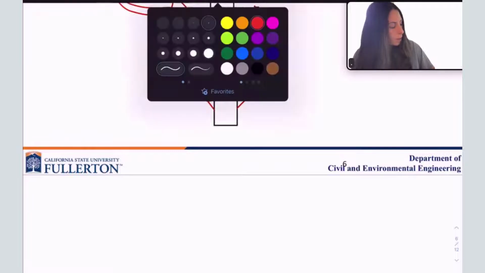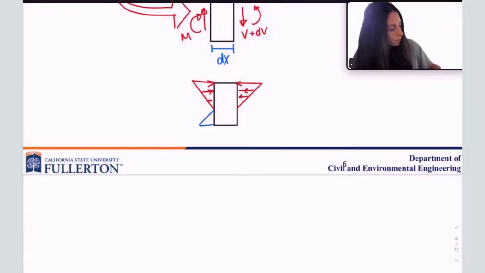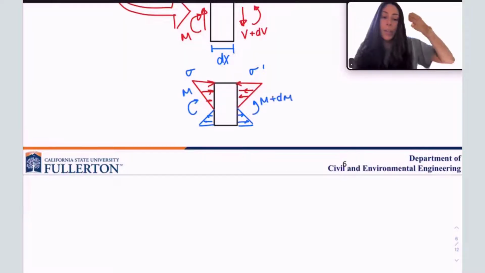And then at the bottom, I have tension, and that's pulling this direction, right? So I would have some sigma, I'd have some sigma prime because it's changing. I would have my moment, I'd have my M plus some dM here. This is the same element.